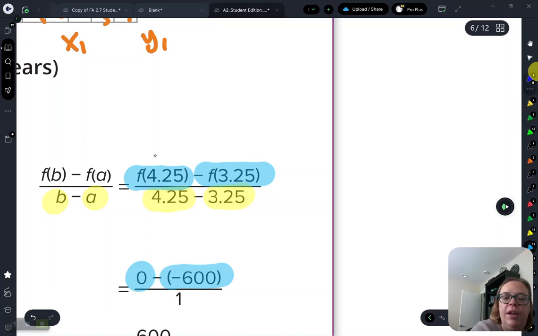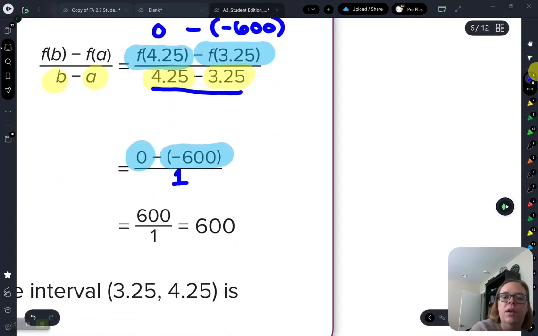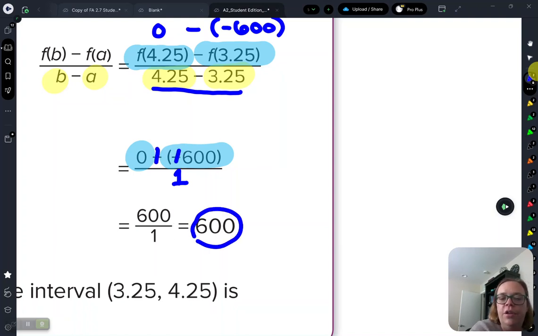This is 0 minus negative 600. And then they did 4.25 minus 3.25, and they subtracted that to get 1. 0 minus negative 600 is 0 plus 600, is just 600 over 1. So the average rate of change is 600. But let's interpret what this number means.